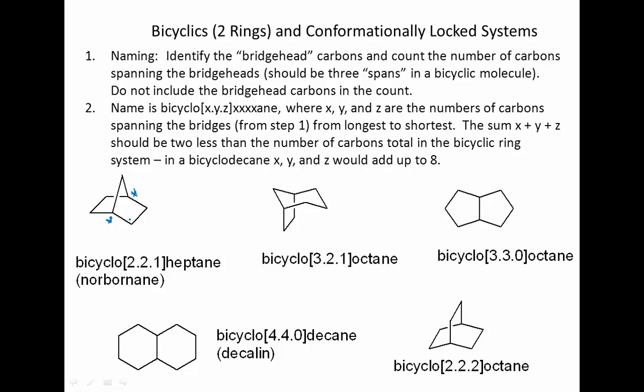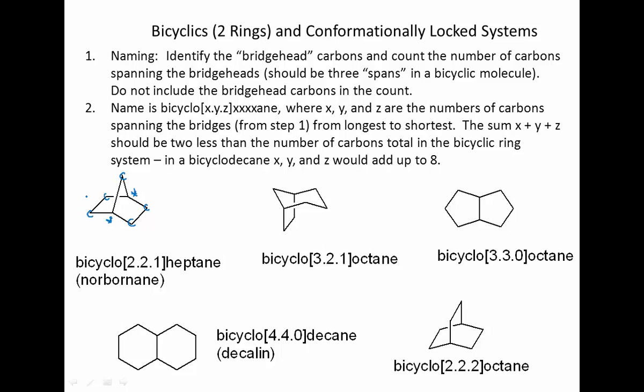Okay, we're going to count the number of carbons that are spanning the bridgeheads. There's two carbons there. There's two carbons there. And there's one carbon there. In a bicyclic compound, we should end up with 3 spans.